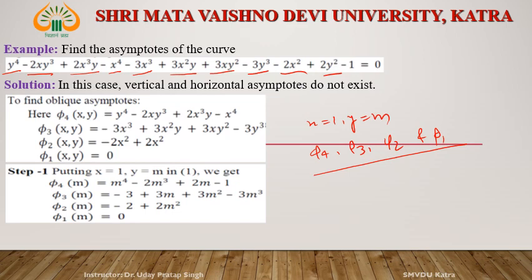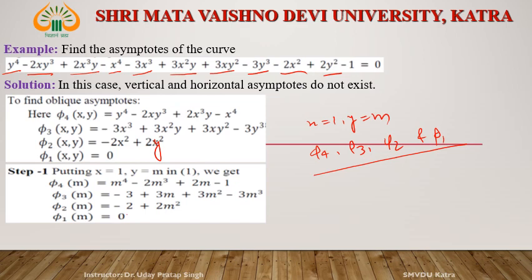What is φ₃? Putting x equal to 1 and y equal to m, it is −3 + 3m + 3m² + 3m³, right? And φ₂(m) is −2 plus 2y², not x², so 2m². There is no first degree term, therefore φ₁(m) is 0.